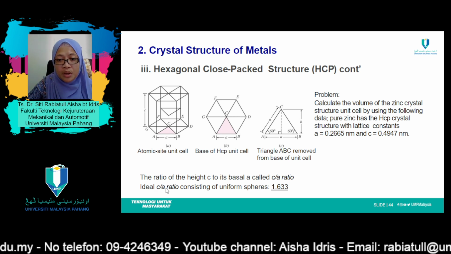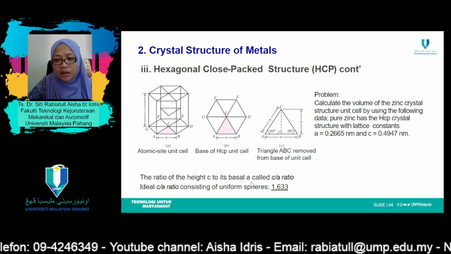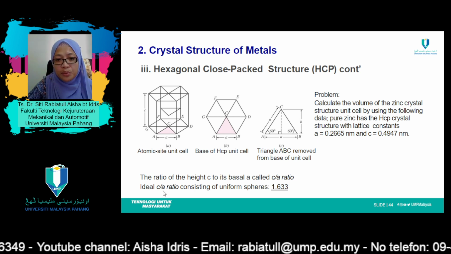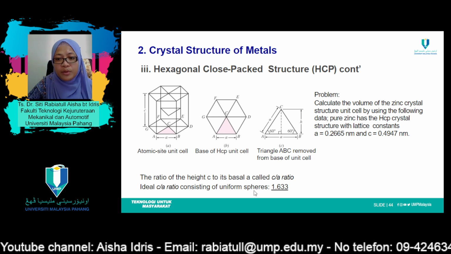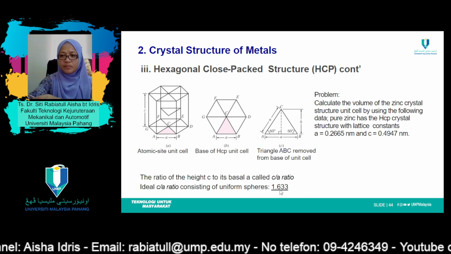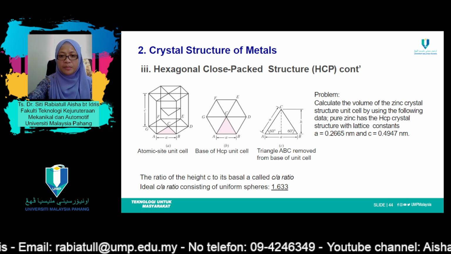The ratio of the height C to the base A, the C over A ratio, equals 1.633. So it asks you to find the volume of the zinc crystal structure.